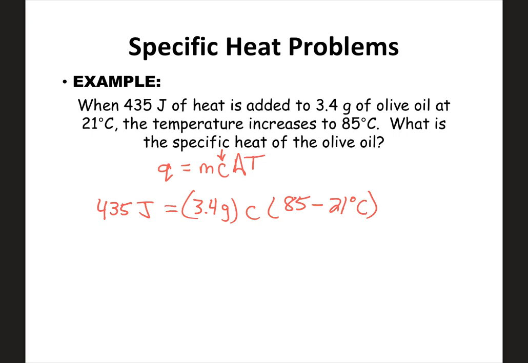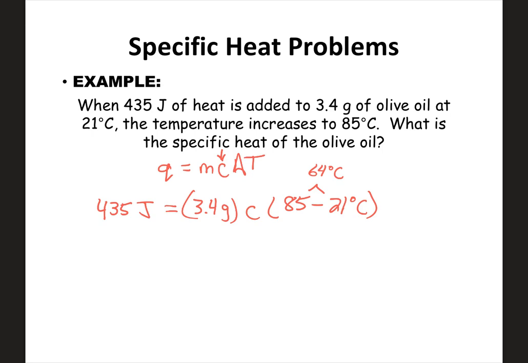Now we're just ready to do math here to solve for C. I'll show you how to do this, and then I expect that you'll be able to do this math every time. The first thing I would do is my subtracting here, 85 minus 21, and I'd get 64 degrees Celsius. Now I would multiply the 64 times the 3.4.